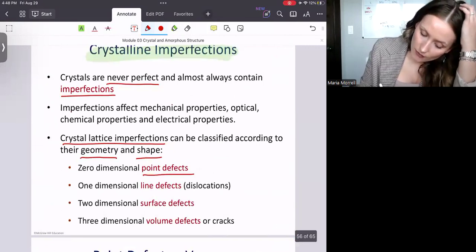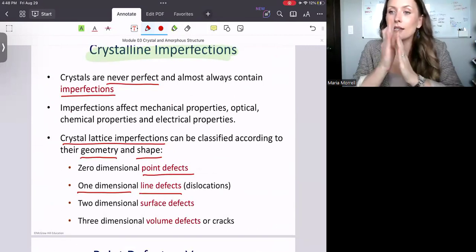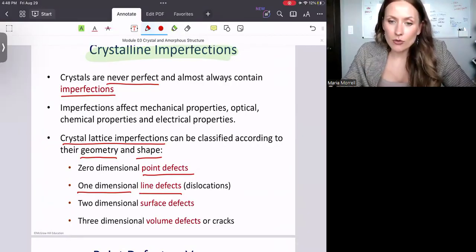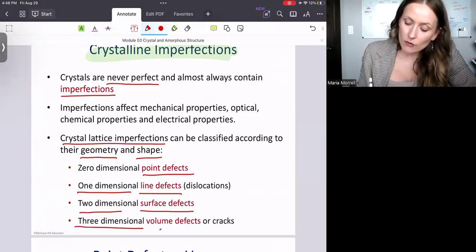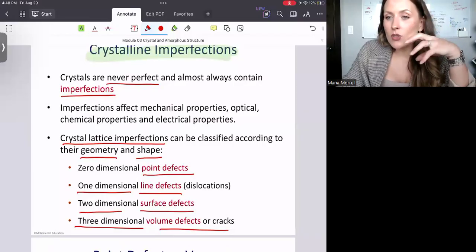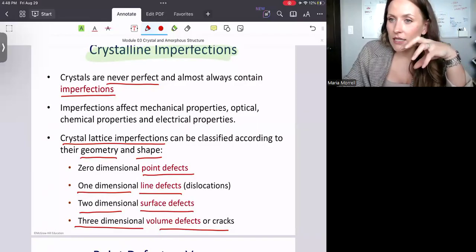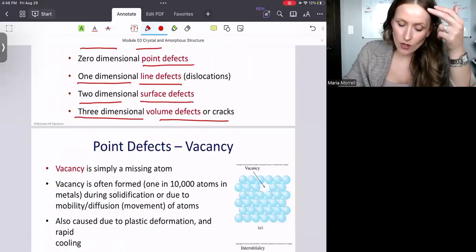Now, what else? If we're looking at the one-dimensional, these are line defects, kind of like a dislocation, and I'm about to show you examples of that. We can also have two-dimensional surface defects and three-dimensional volume defects or cracks. In this course, we are mostly interested in point defects and line defects because those two will play a significant role in the mechanical properties of our materials.